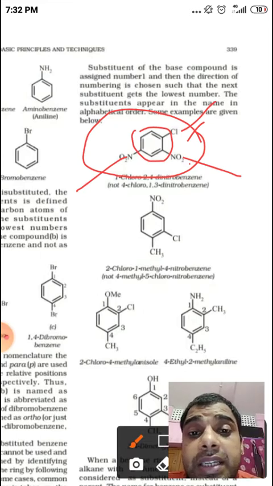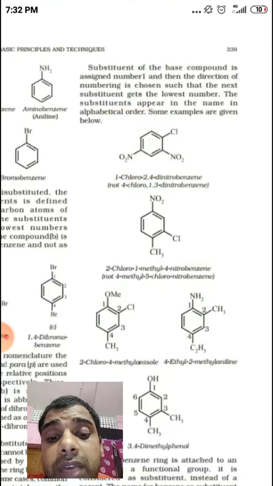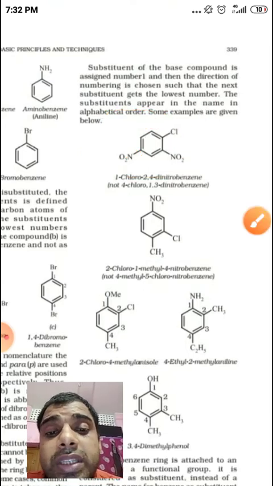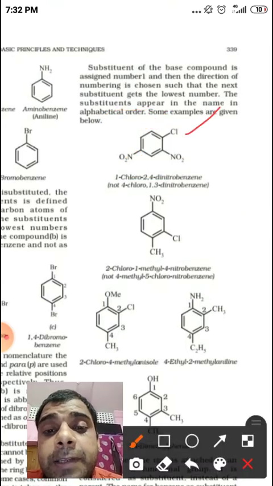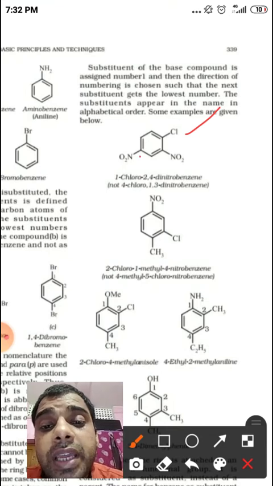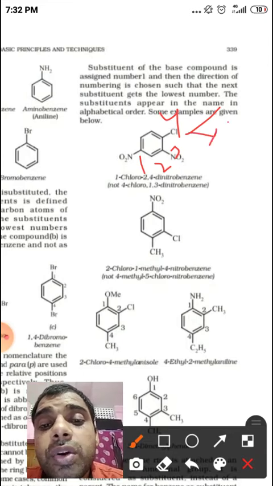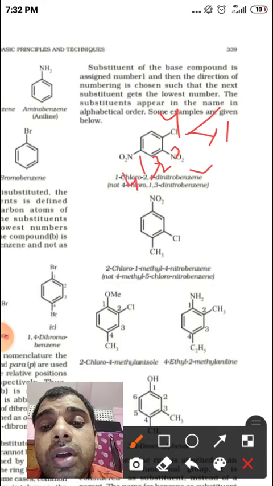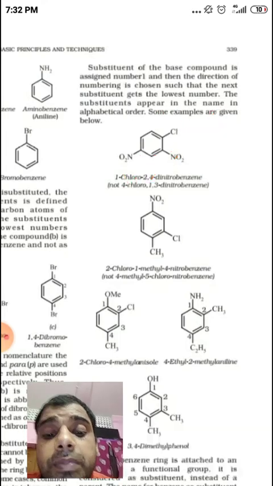And alphabetical, you know how to write the alphabetic IUPAC name, so alphabetically it is sure that chlorine will come at first place. But will you start from here 1 2 3 4, or will you start from chlorine 1 2 3, this carbon 4? From where will you start counting?